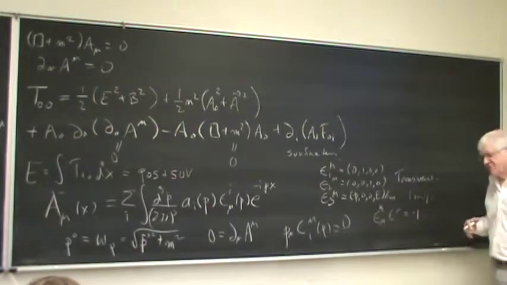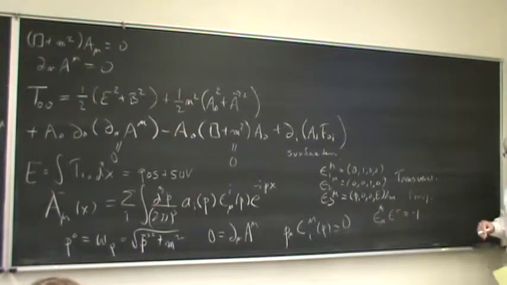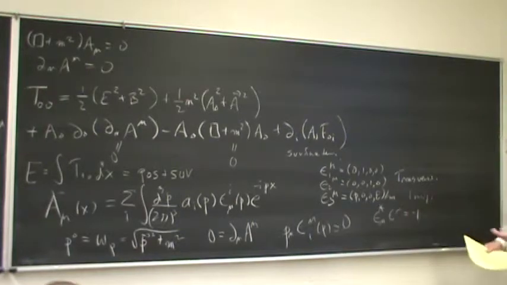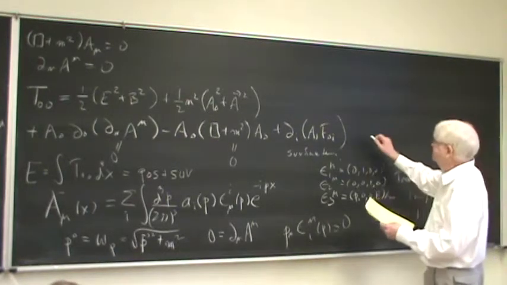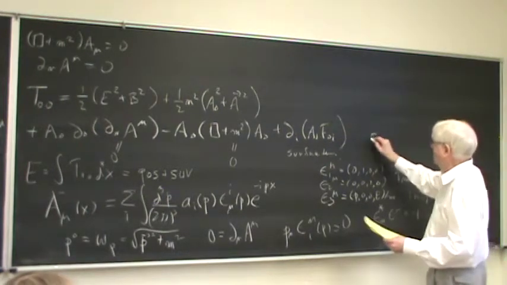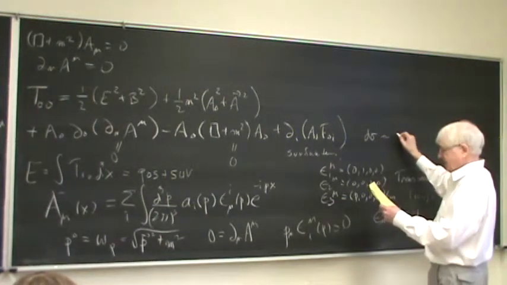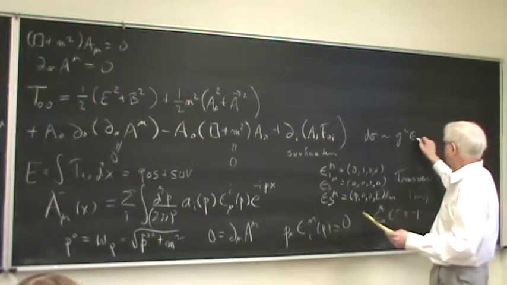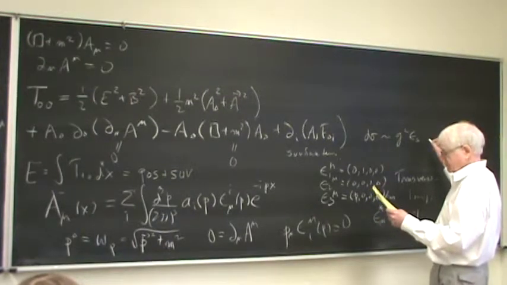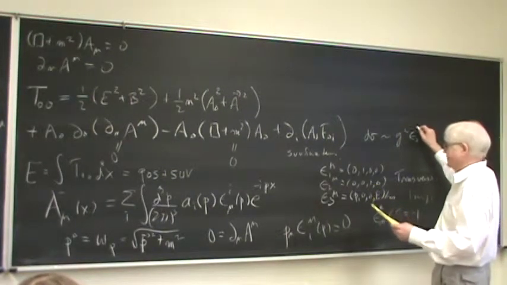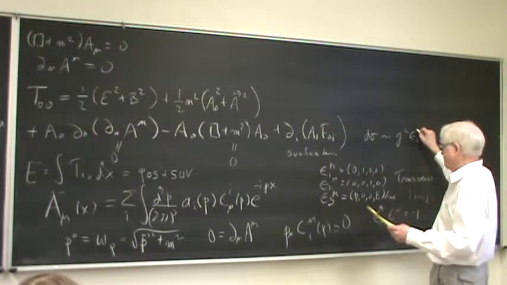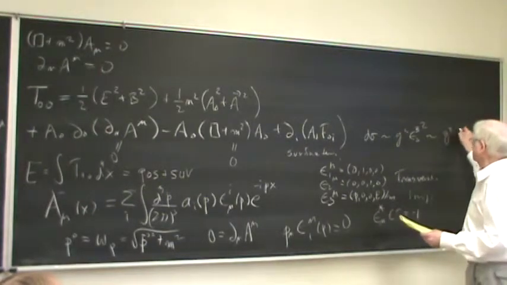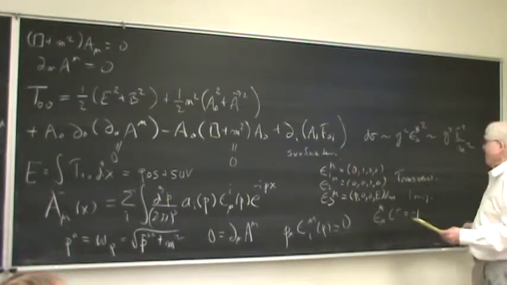And so if you have a scattering amplitude where that picks out this component or that component, then you can have a d sigma that's something like, let us say, g squared epsilon_3 squared, just to pick this one out. And so that's g squared E squared over m squared.